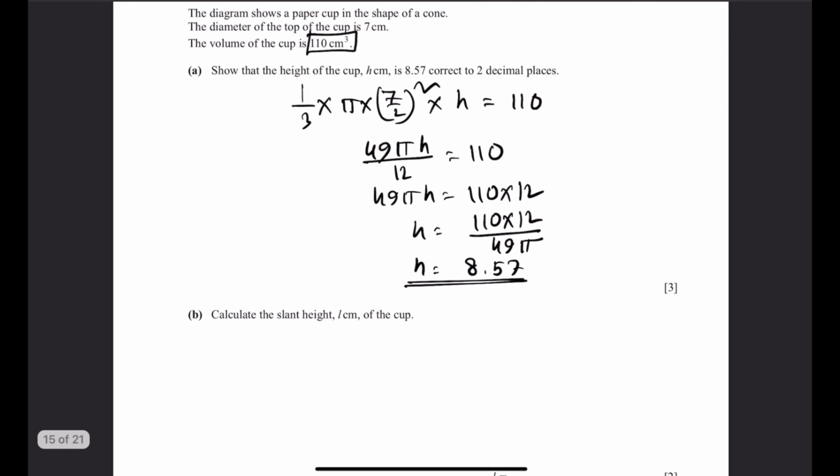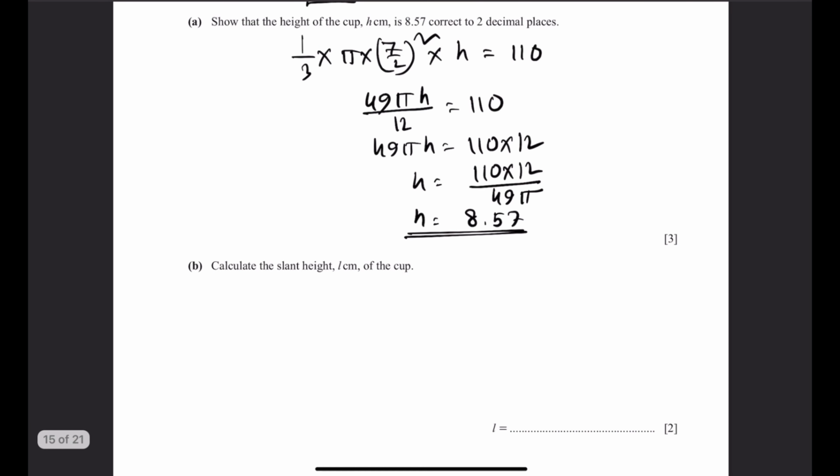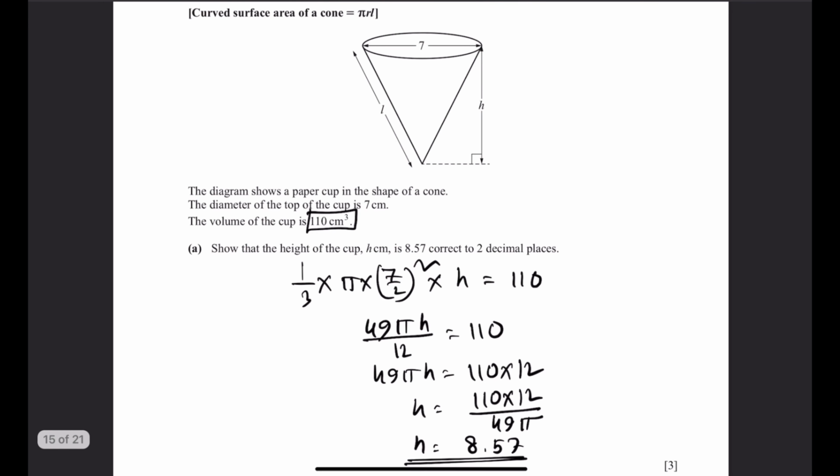Now we need to find out the slant height L centimeter of the cup. So h is 8.57. We can use Pythagoras formula. This is L, this is h, this is r.